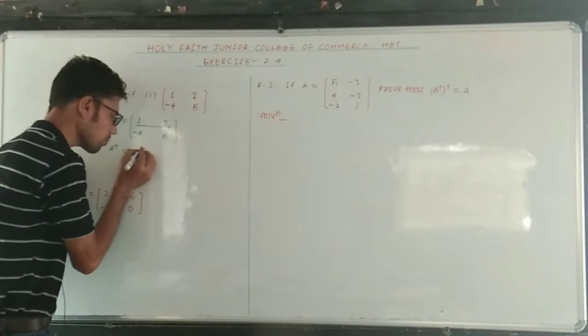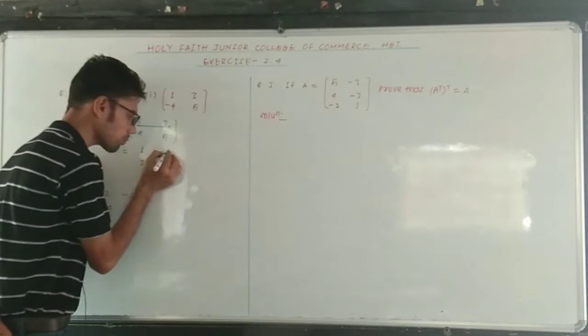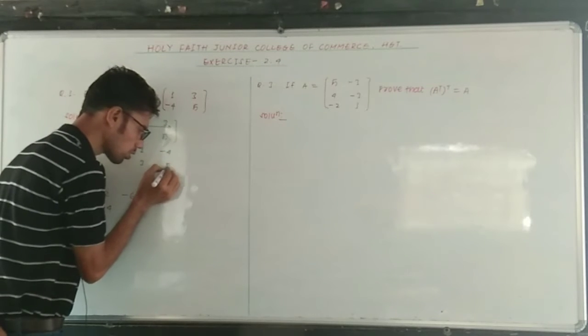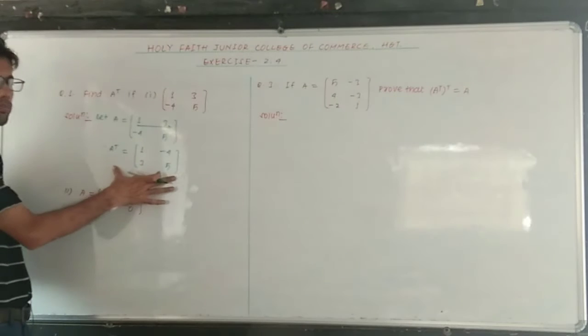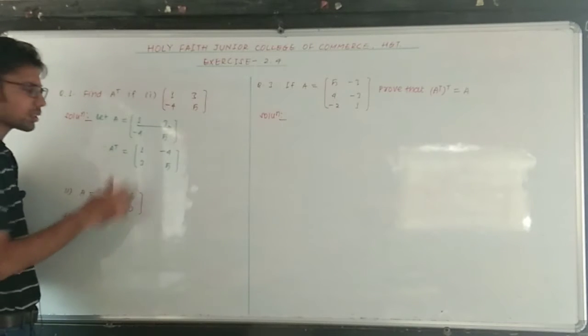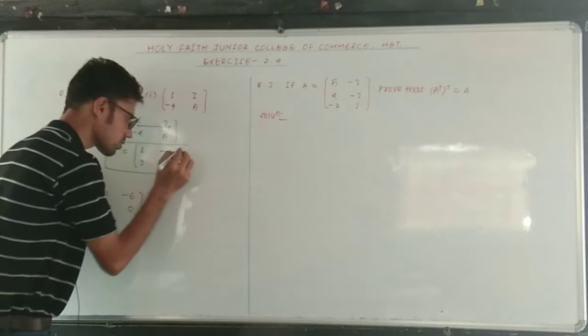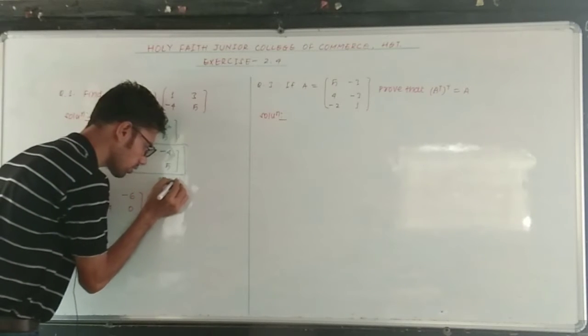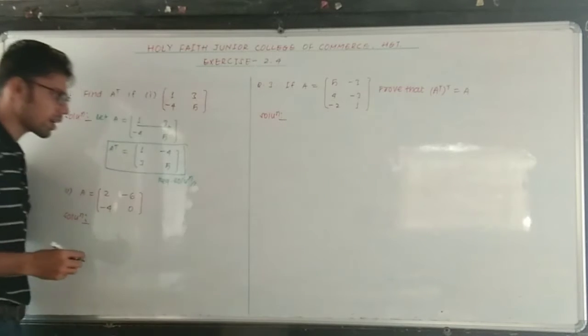What is the first column? 1, 3. And the second row, -4, 5, we write in the second column. This is the required transpose of the matrix. Make a box and write down the required solution.